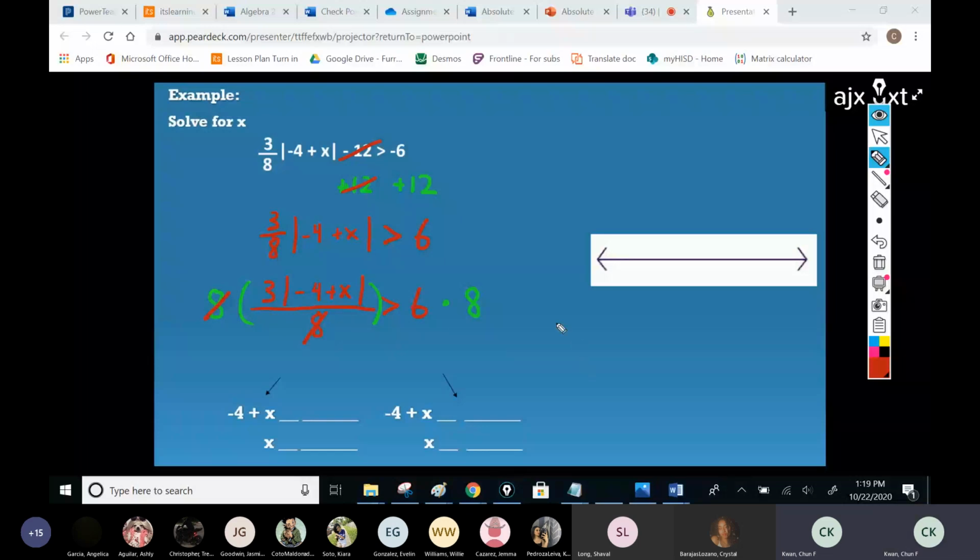Times 8 and divided by 8 cancel out. That means you'll have just the 3 times absolute value of -4 plus x. And on the right, 8 times 6 is 48. Now we have to take care of the 3 right here. We do the opposite, so divide by 3 on the left, divide by 3 on the right.